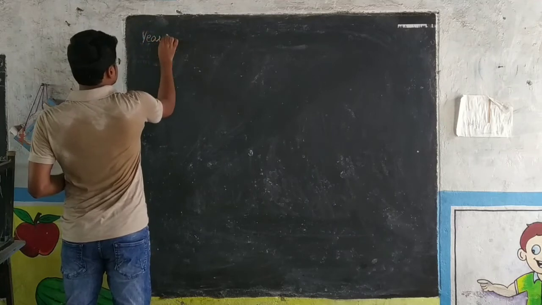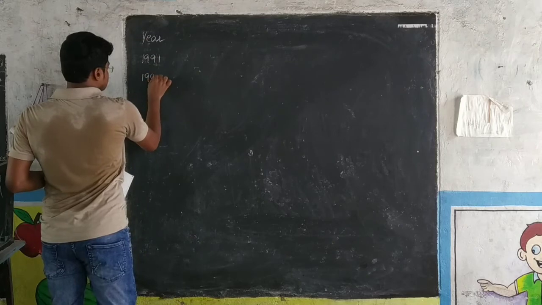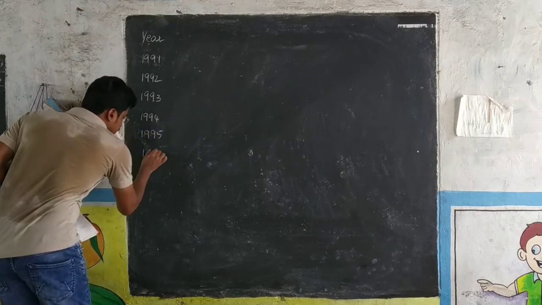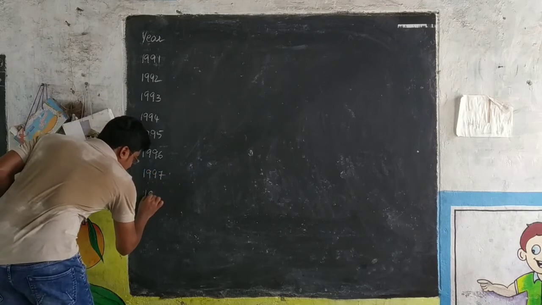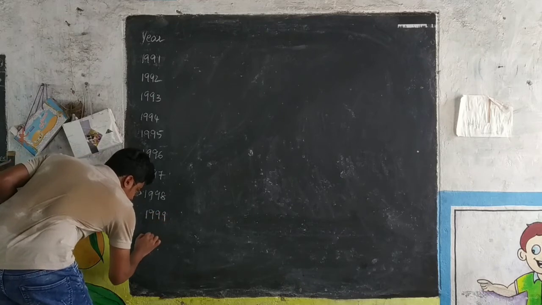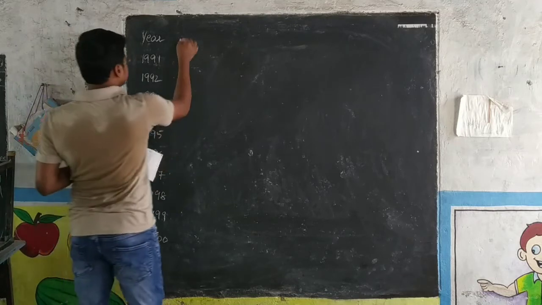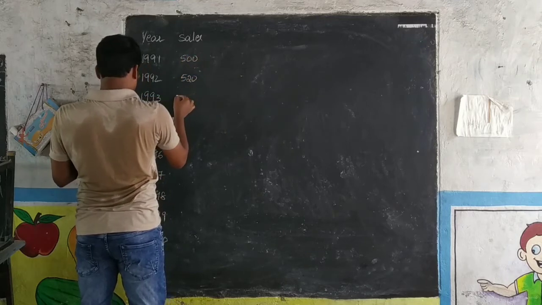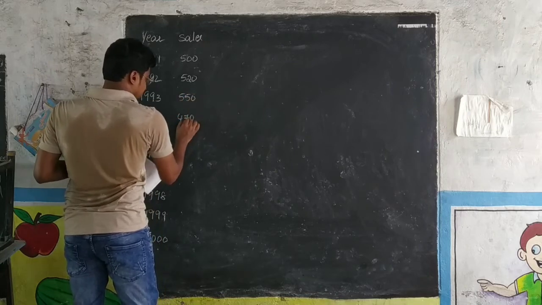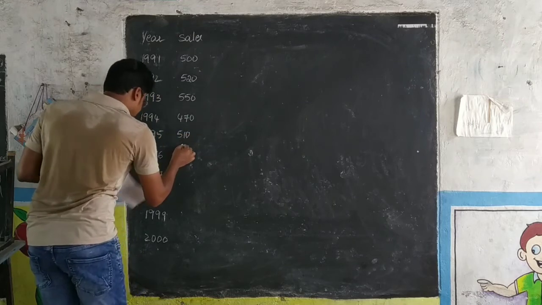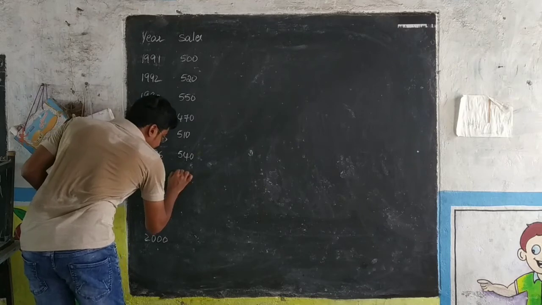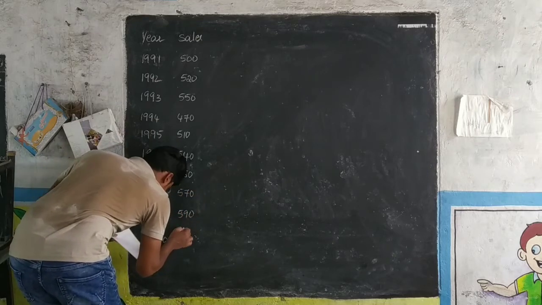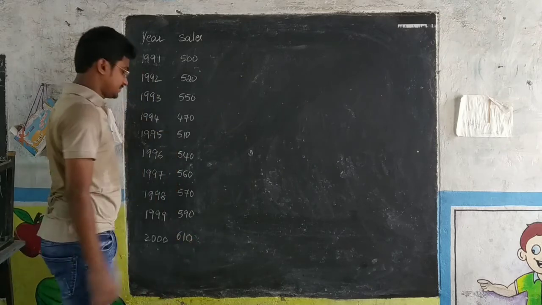Year, sales: 500, 520, 550, 470, 510, 540, 560, 570, 590, 610. This is the data.